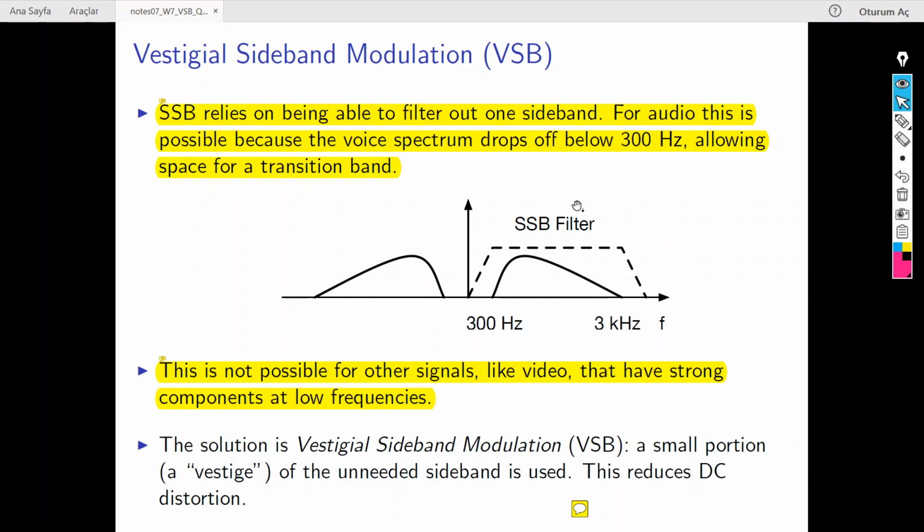This is only possible and applicable for the case of audio, but this is not possible for other signals like video that have strong components at low frequencies. Video and images have strong components at low frequencies, which means that the signal starts immediately from 0.